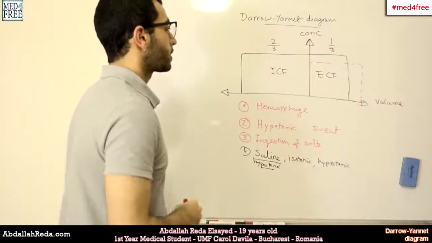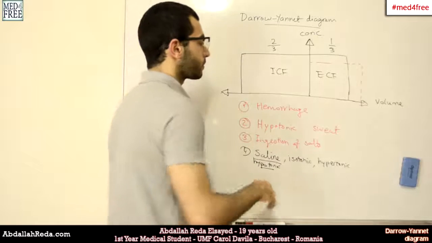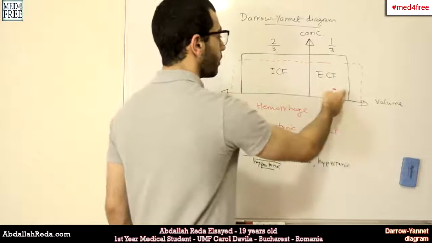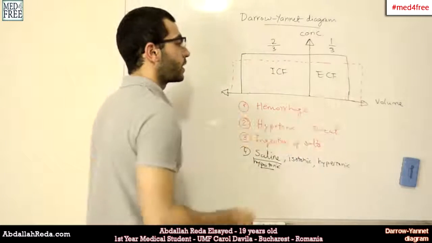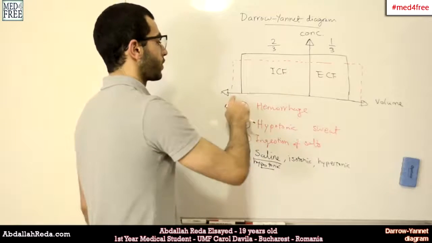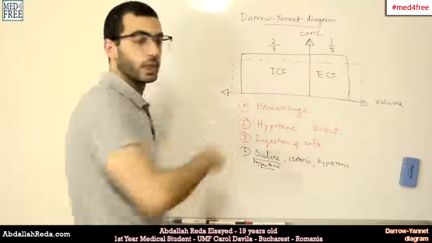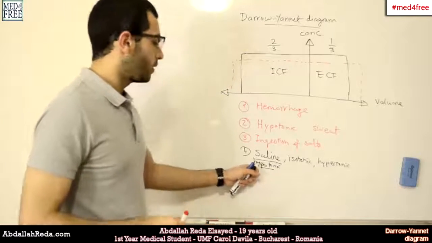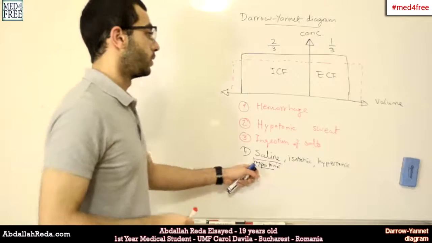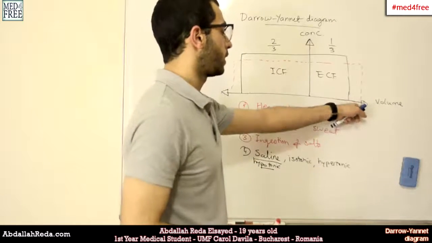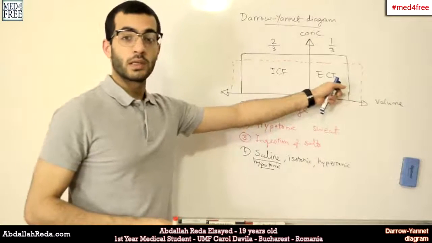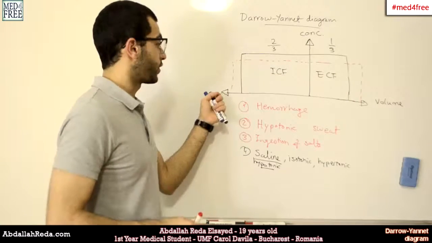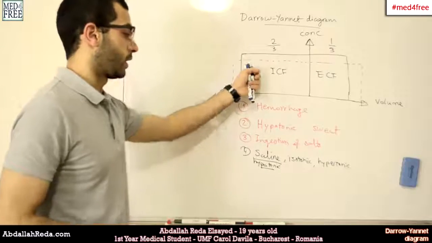And this will lead to some of the fluid of this compartment, due to its decreased concentration, going to the other side, increasing its volume and decreasing its concentration too. So this happens due to the injection of saline or hypotonic solutions. An increase in volume here will lead to the decrease in the concentration. Accordingly, the fluid will go from this side to that side, increasing its volume and decreasing its concentration.